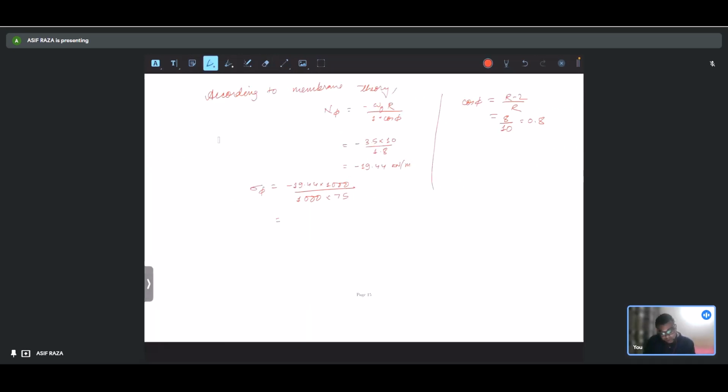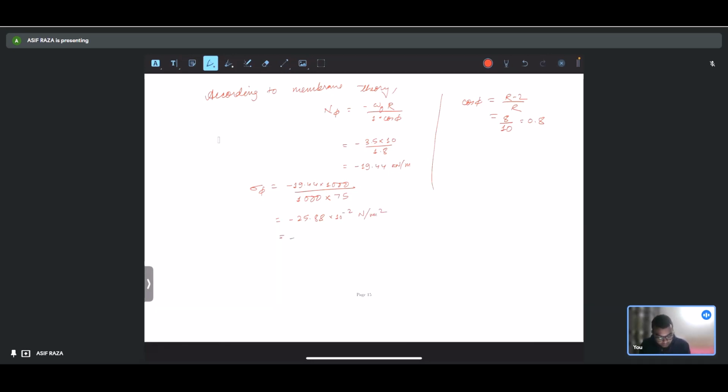Converting it to mm, we have 19.44 divided by 75. So this is equal to minus 25.88 into 10 power minus 2 Newton per mm square.